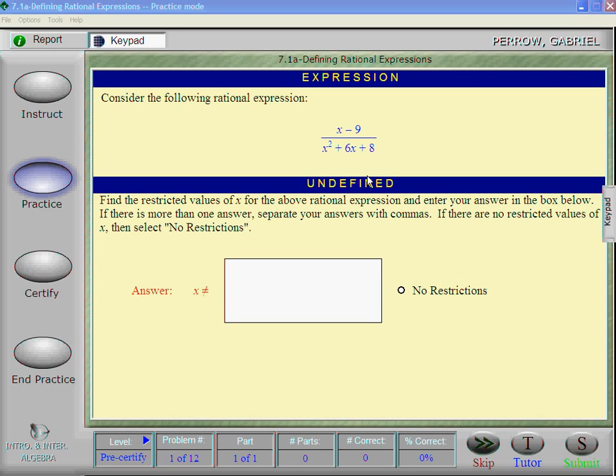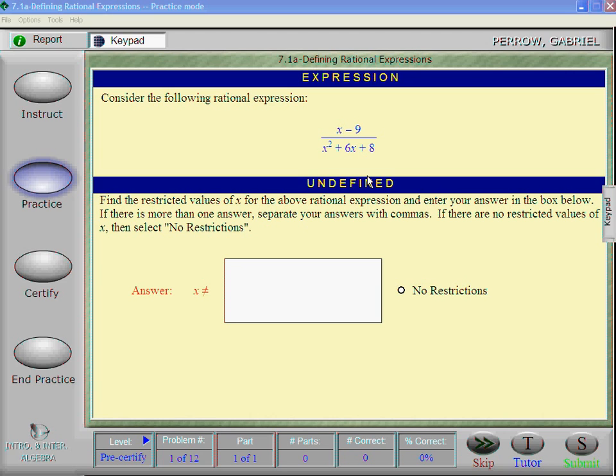And so when you look at something like this, when they're talking about defining rational expressions, rational meaning fractional here, they're saying look at the bottom and tell me what x can't be, because if I were to plug in that particular x value, I would end up with 0 on the bottom.